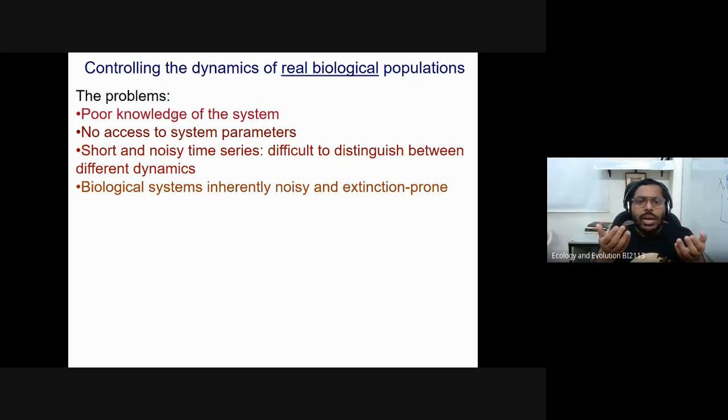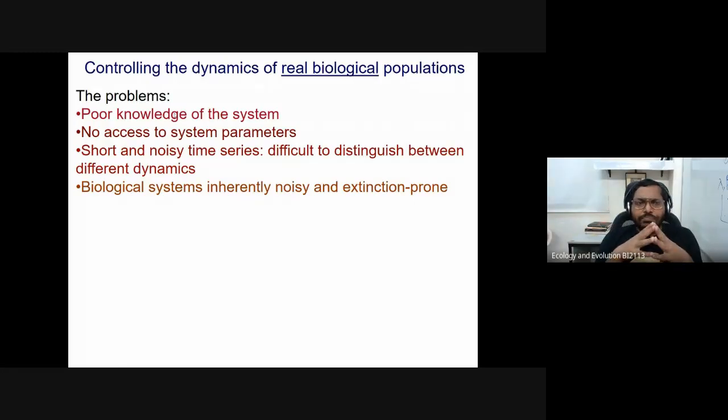So under such a situation, one can ask the philosophical question: does it really matter whether it is chaos versus non-chaos? For all practical purposes, visually the two dynamics look extremely similar to each other.